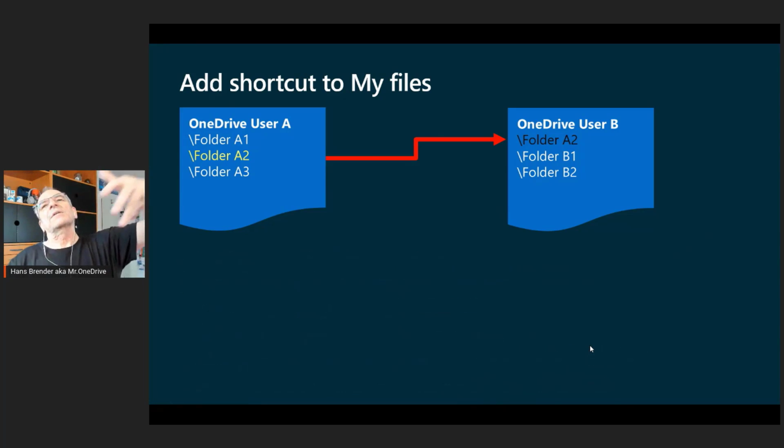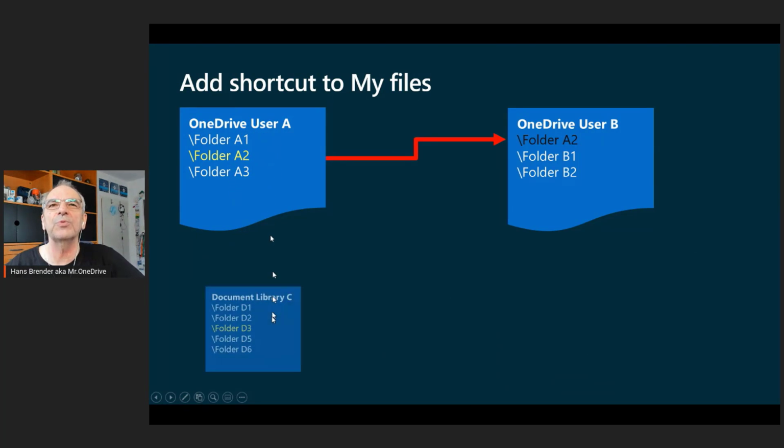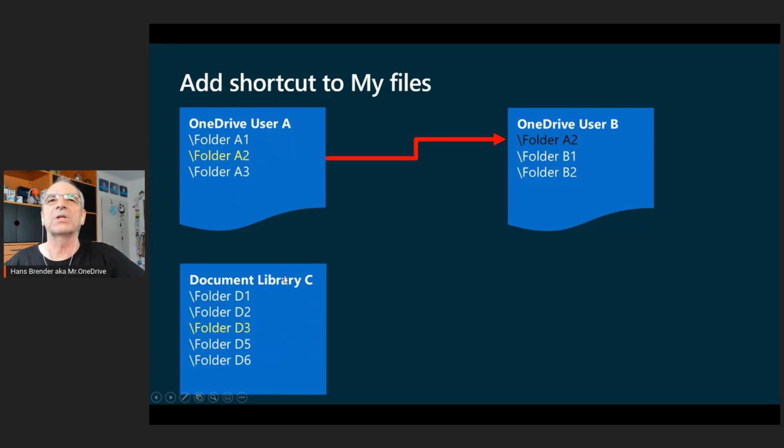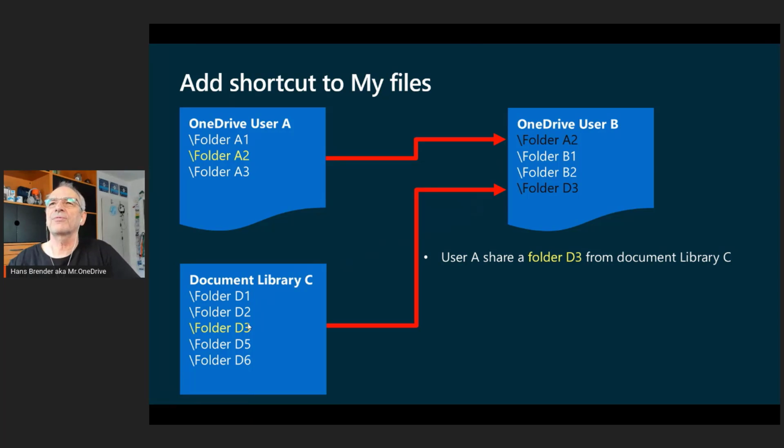But again, the same thing is not only for OneDrive for Business. We can have it also from a document library. Thinking that this guy is not available and has access to this document library. I can handle that and say, okay, I have access to there. And I say, okay, you will have the possibility that this folder also will be included.